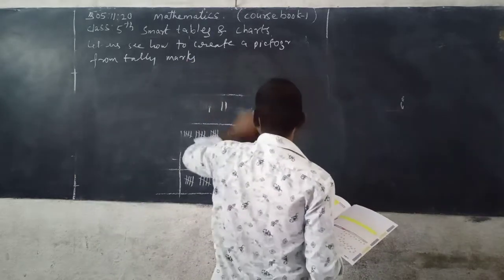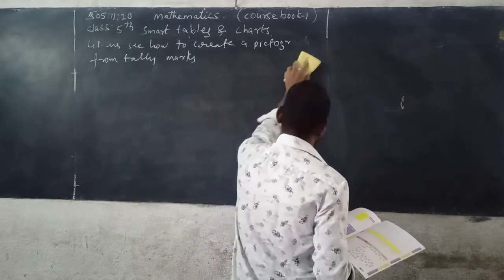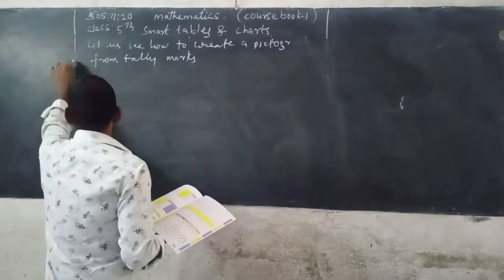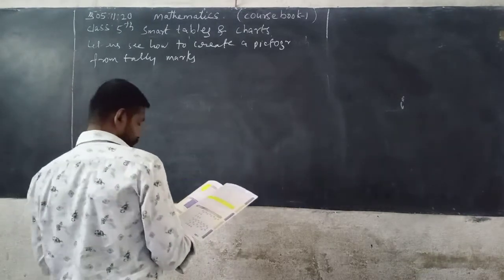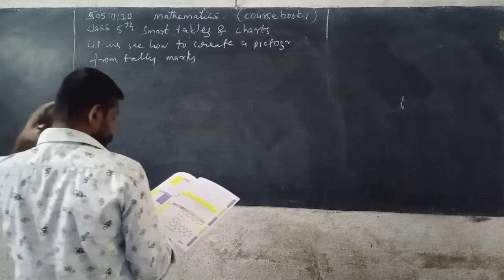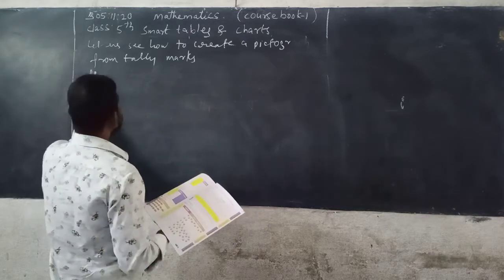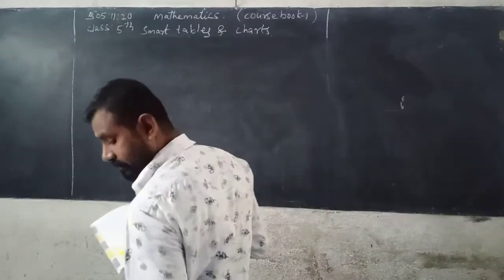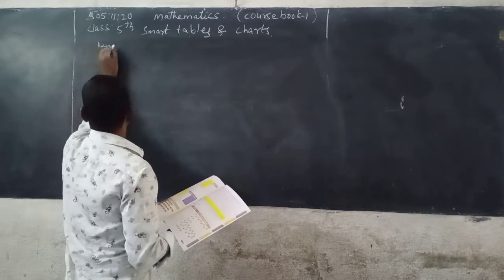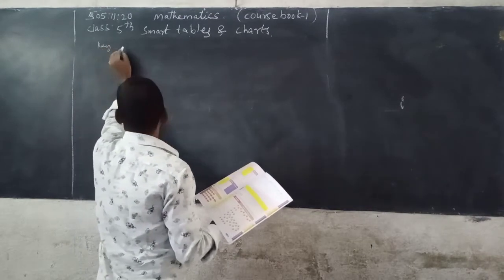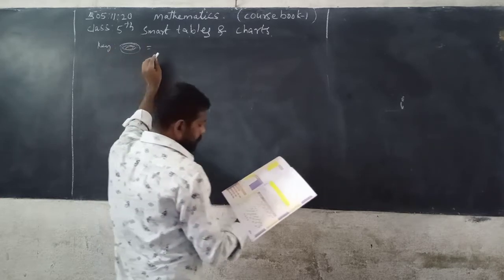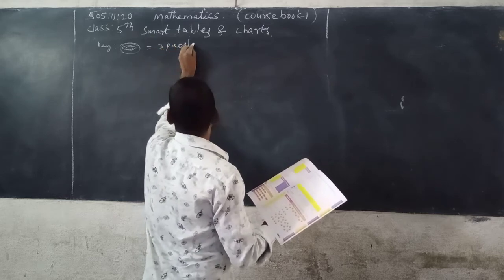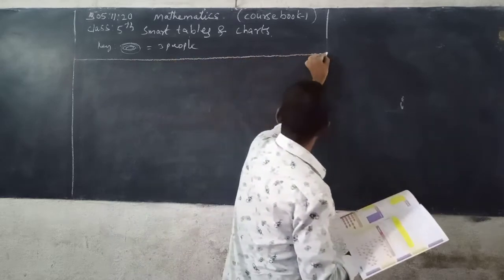So I can write it directly. So here, key means scale. The key represents one pizza, that represents 3 people. So now draw according to your given data.